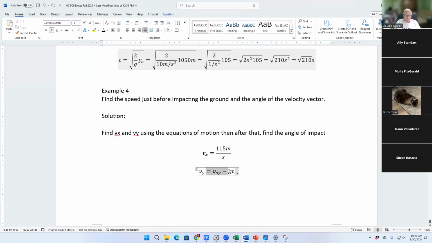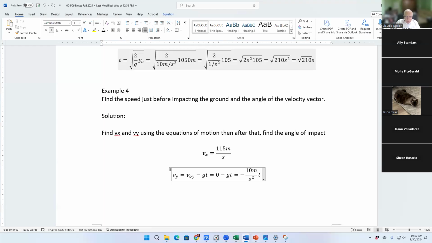If you recall, the initial velocity along the y-axis was 0 because the package was released along the horizontal direction. T we calculated before, right? G is approximately 10 meters per second square.